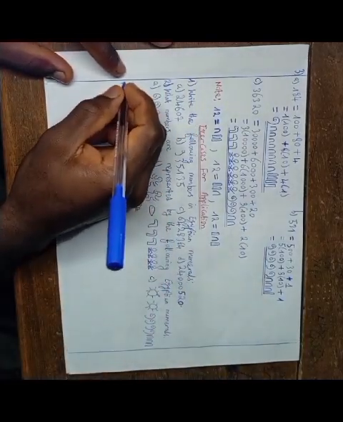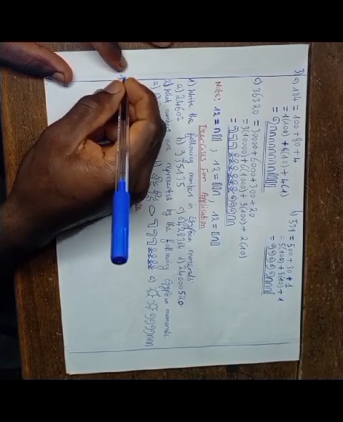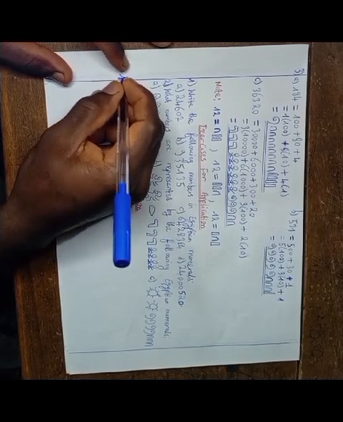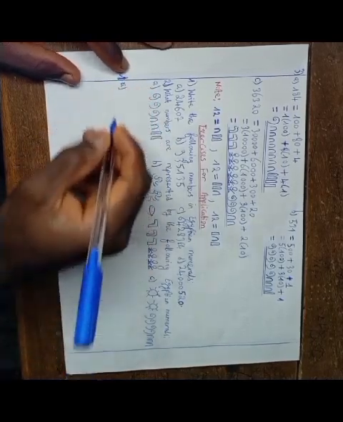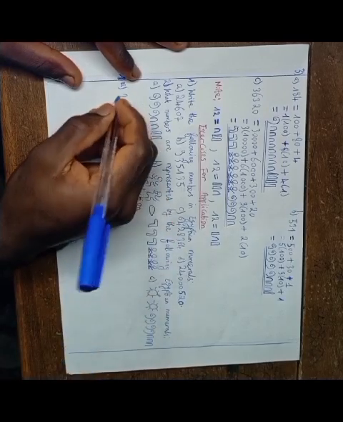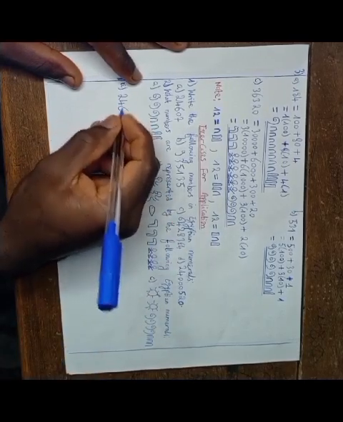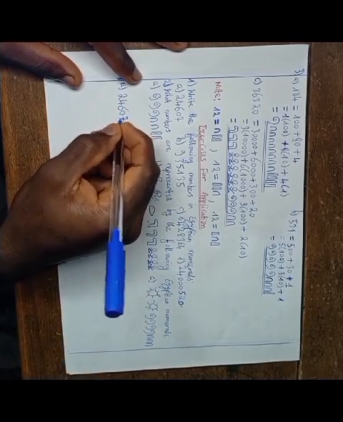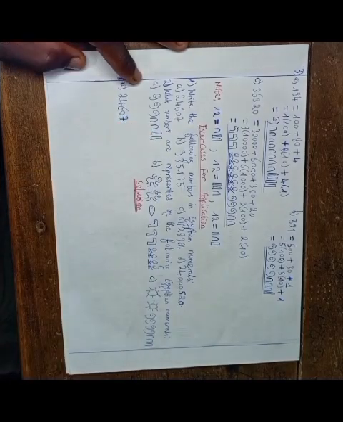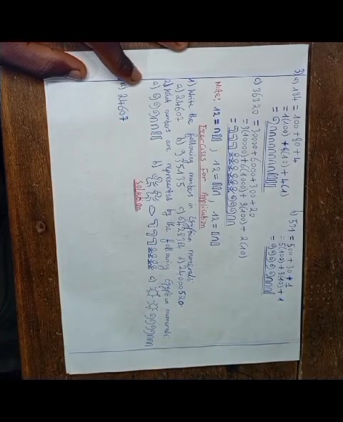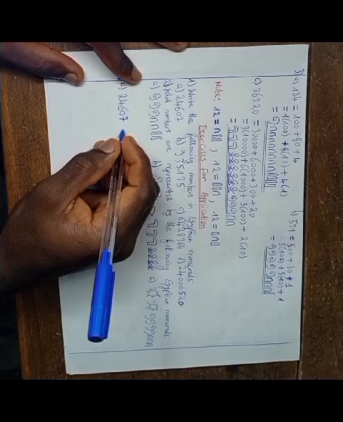Question 1 A. We have the number 24,607. We have to write down this number in Egyptian numerals.